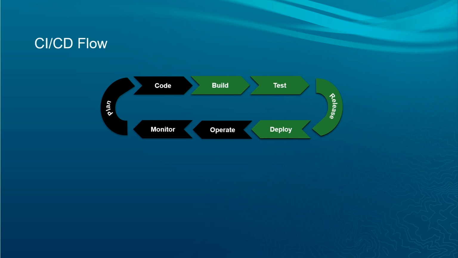Today, we're really going to be focusing on these aspects of the building, testing, releasing, and deploying of our applications. But once our applications are deployed into operations, we're constantly monitoring, planning for the next phase, and starting to code our next features again. And we want this pipeline to then be as smooth as possible.